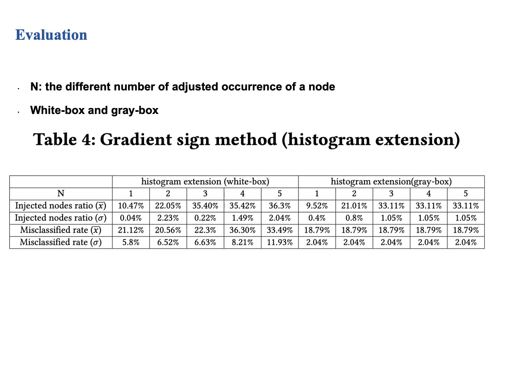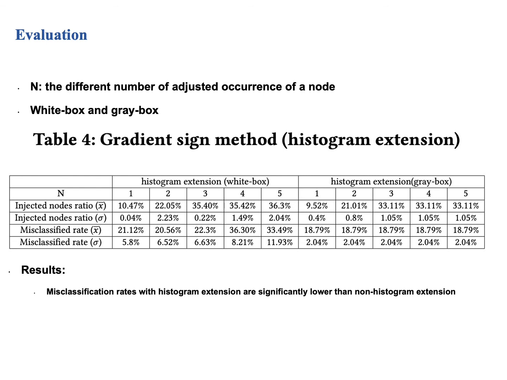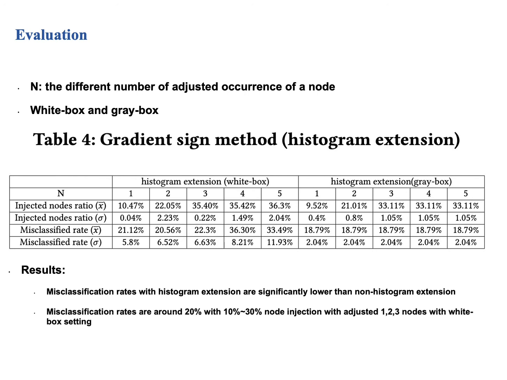And also, in progress we talk about no histogram extension. With histogram extension and the gradient sum-based way, we also get a very good result here. The misclassification rates are significantly lower than with no histogram extension, which is the same as with the instruction nodes. And the misclassification rates are around 20%.